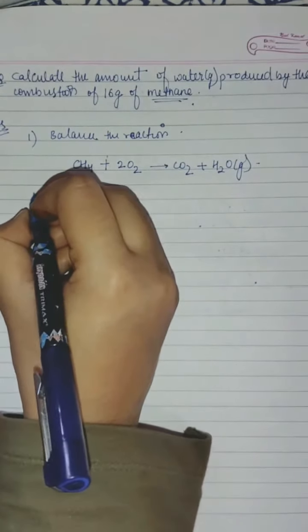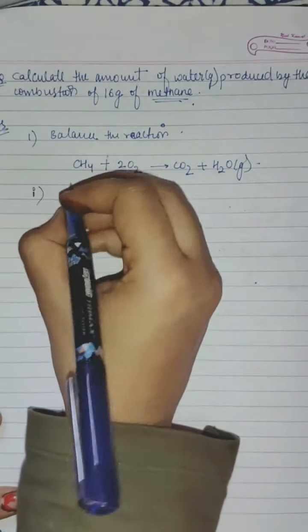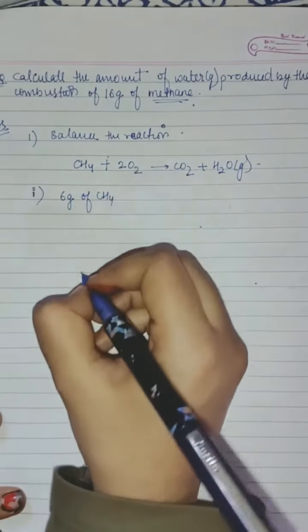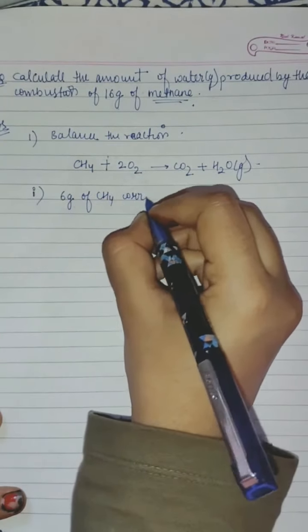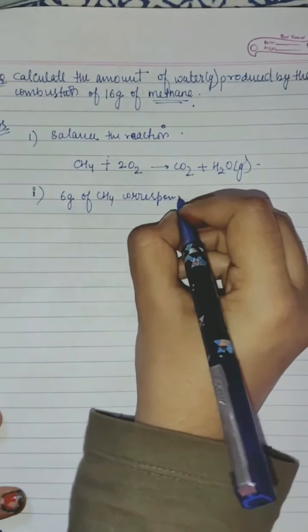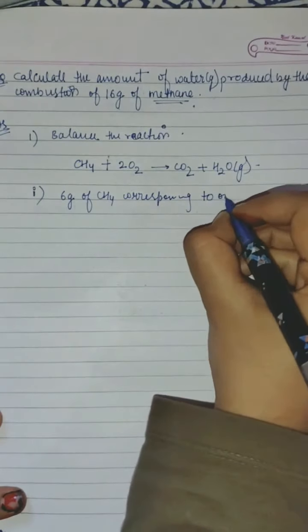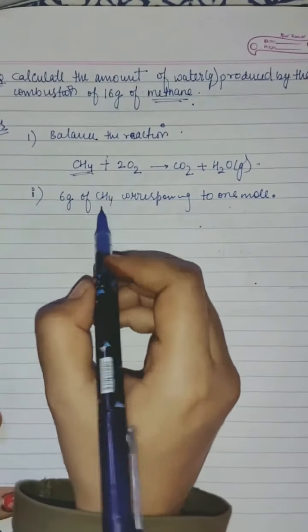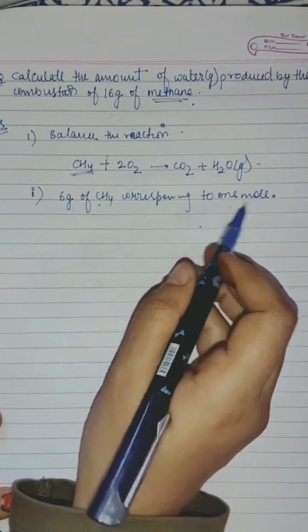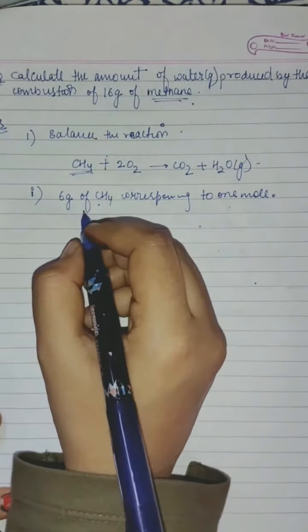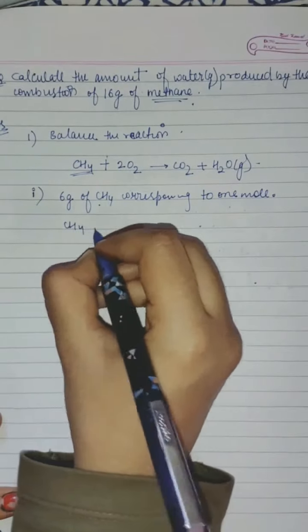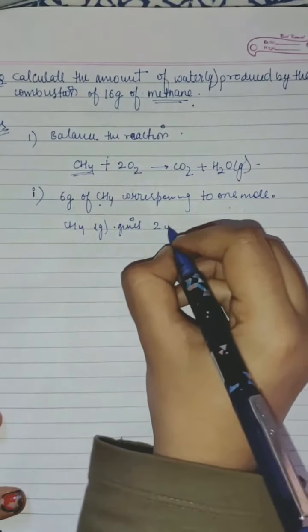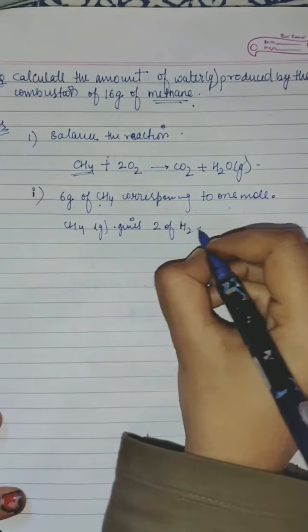After that, 16 gram of CH4 corresponds to 1 mole. From the above reaction, 1 mole of CH4 gives 2 moles of H2O.